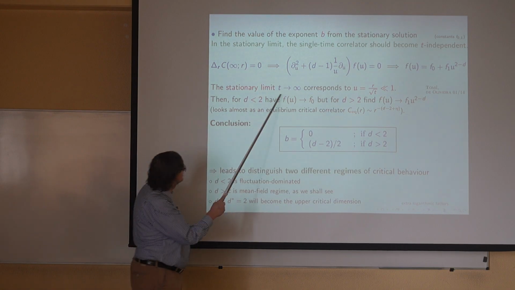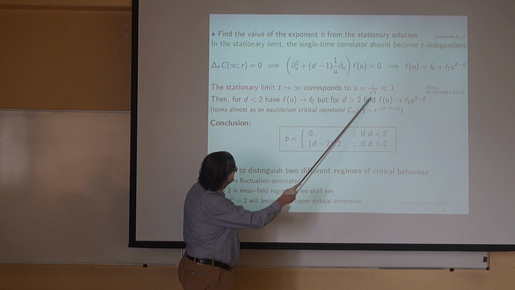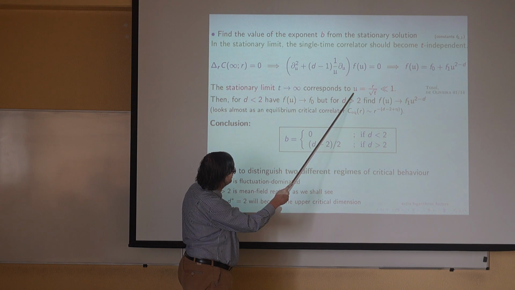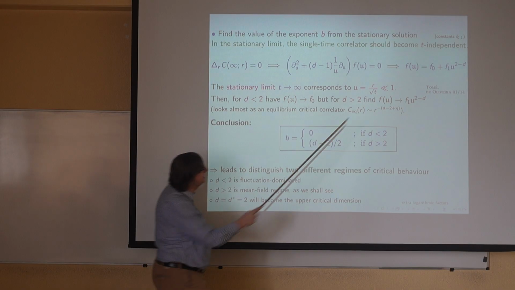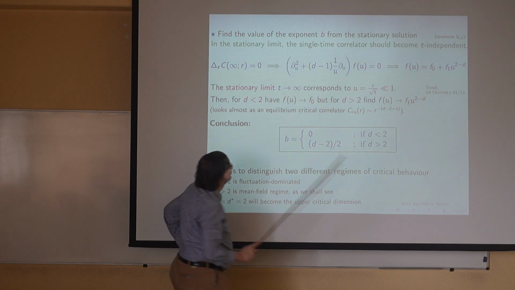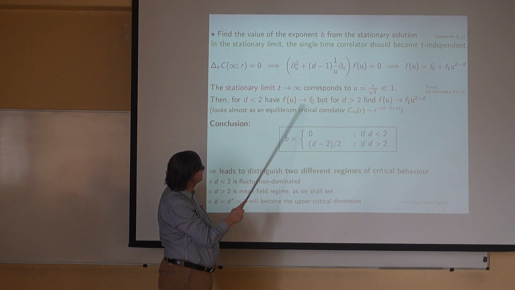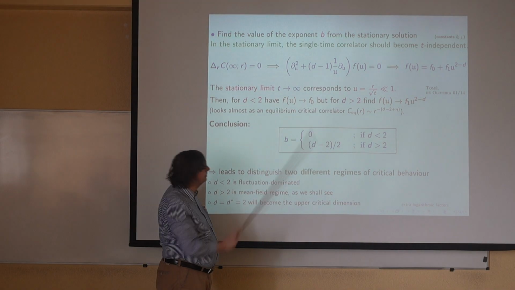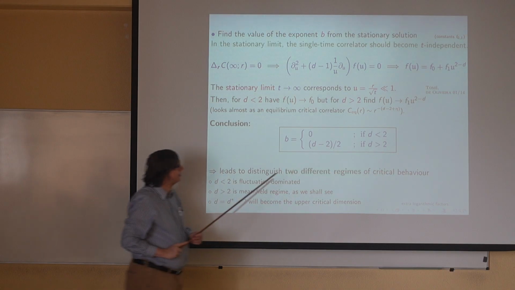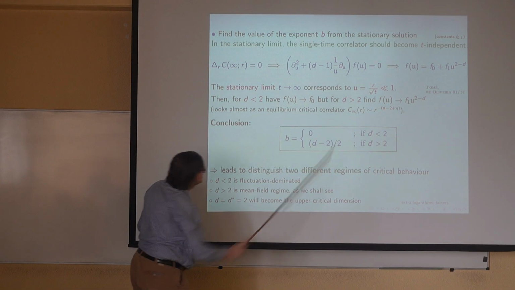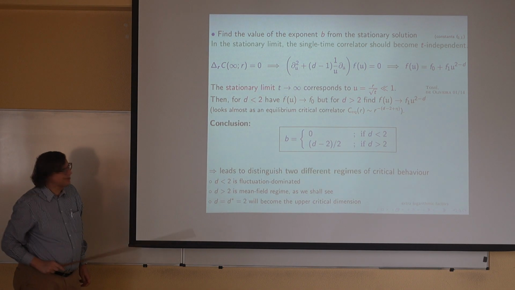And now we have to see the stationary limit, because we have a scaling variable, which means that the scaling variable must be very small. So we have to look at what is happening for u small. Either when b is less than 2, it goes to a constant, or when b is larger than 2, it behaves like a power law. That actually reminds us of critical correlators.